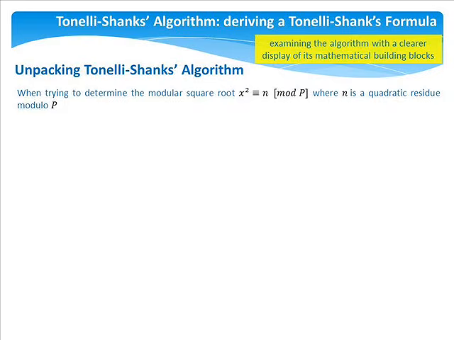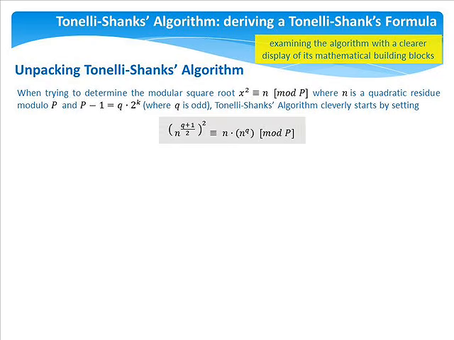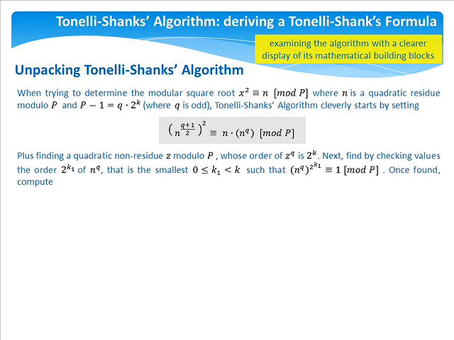When trying to determine the modular square root, x squared congruent to n modulo p, where n is a quadratic residue and p minus 1 equals q times 2^k, where q is odd, the Tonelli-Shanks algorithm starts by setting the square of n^((q+1)/2) congruent to n times n^q modulo p, plus finding a quadratic non-residue z modulo p, whose order z^q is 2^k. Next, find by checking values the order 2^(k1) of n^q.